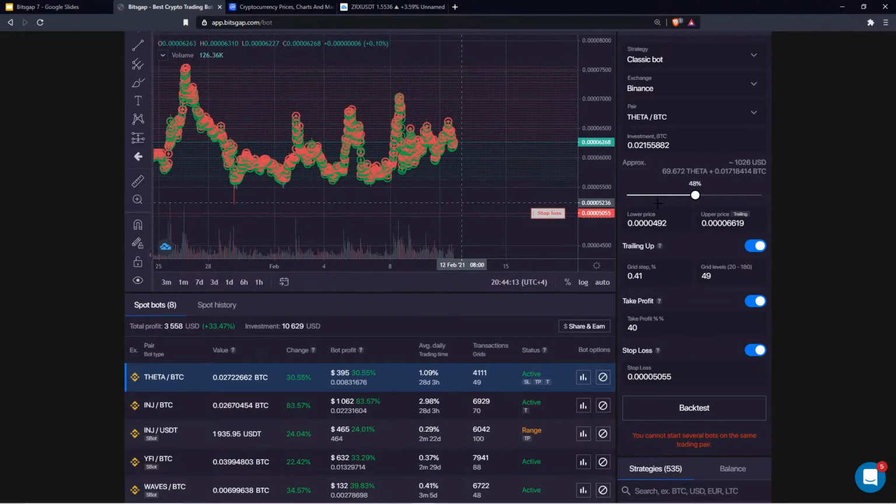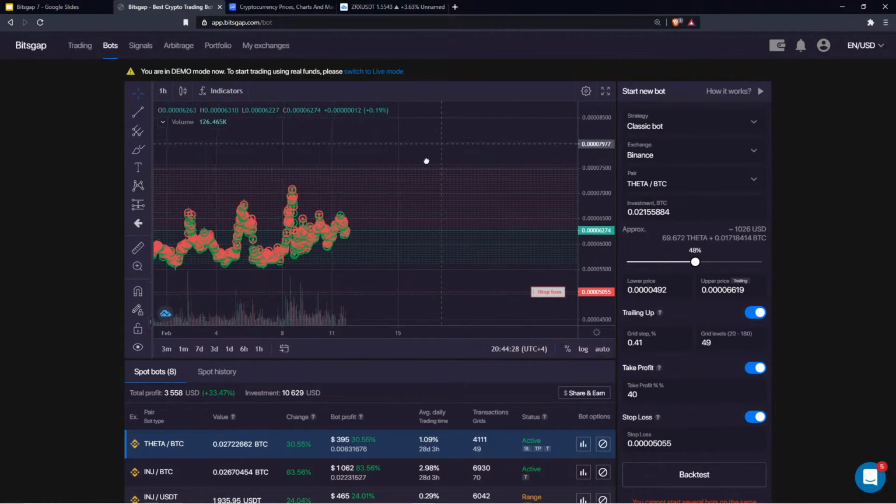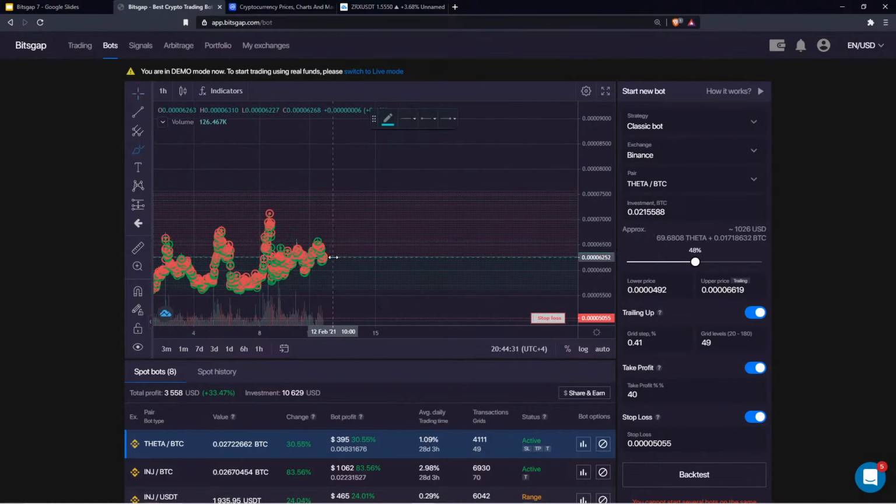Okay, so to maximize your returns, that's going to be now another topic of today's webcast, we have this tool which is known as Trailing Up. So the cool thing about Trailing Up is that once the price breaches the upper limit price, which is over here, you see the highest sell point, then in an ordinary scenario where you don't have the Trailing Up instrument on, the bot would halt trading right at that point.